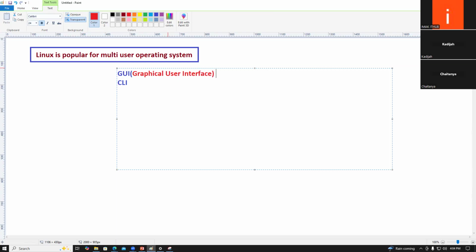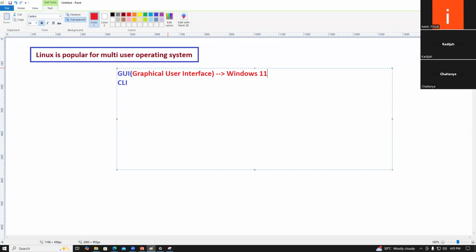Tell me an example. The Windows family or any application. Windows 11, Windows 10, Windows Server. All the Microsoft OSs are GUI.